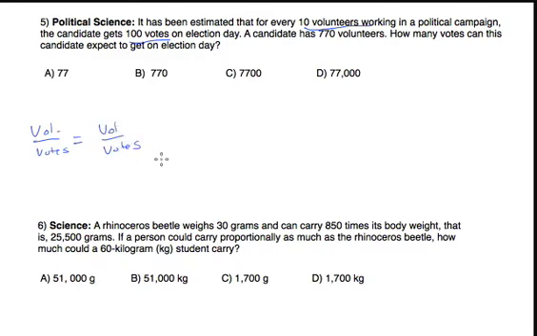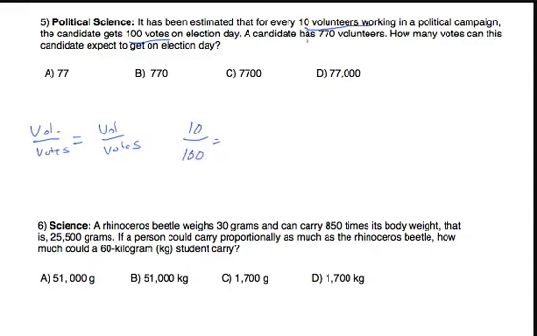I know this seems tedious, but remember what we did yesterday, this Wednesday. That worksheet where a lot of you were mixing up your numbers, and writing this out helped you a lot, especially on that deer question with the tagged and the non-tagged deer in the forest. So, volunteers to votes. For every 10 volunteers, you get 100 votes.